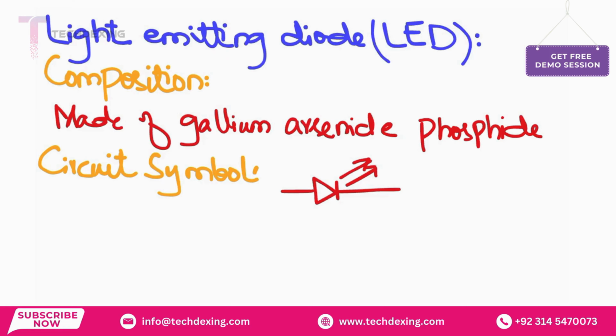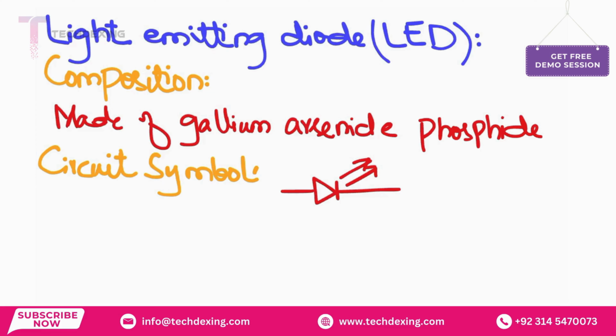These arrows show the emission of light because, as the name indicates, it is a light emitting diode. It is a diode, but when current passes through it, it emits light. So these two arrows show the emission of light. Got it? Yes, I got it. Okay, very good.